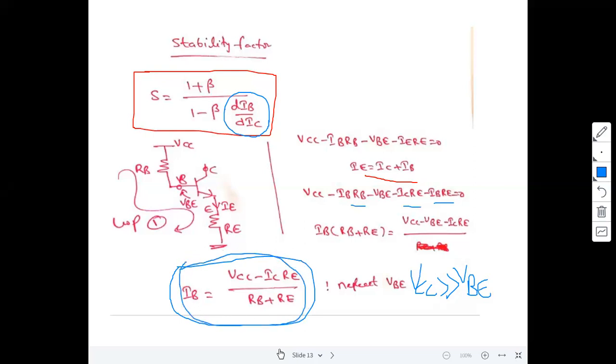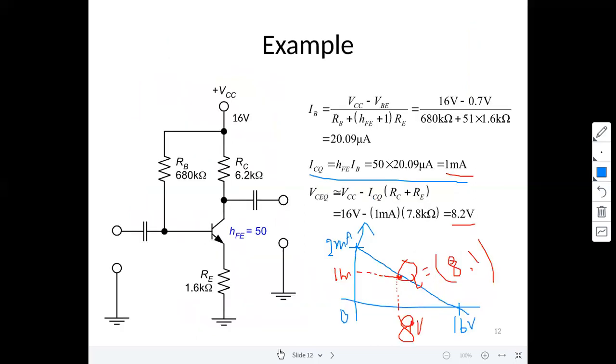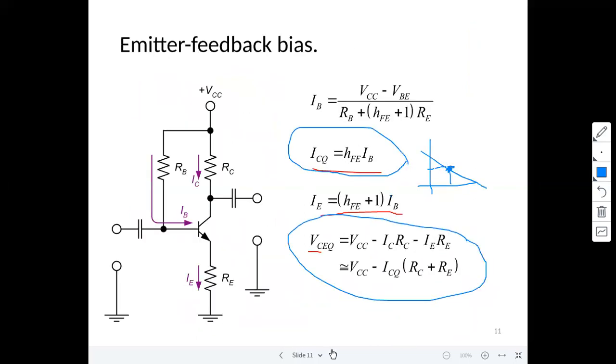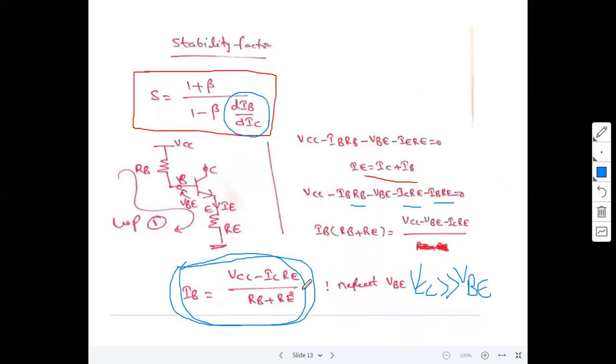Whereas previously, this is also correct: IB is (VCC − VBE) / (RB + (HFE + 1) RE). Both are the same. Only for the stability point of view, we express the same base current in terms of IC.